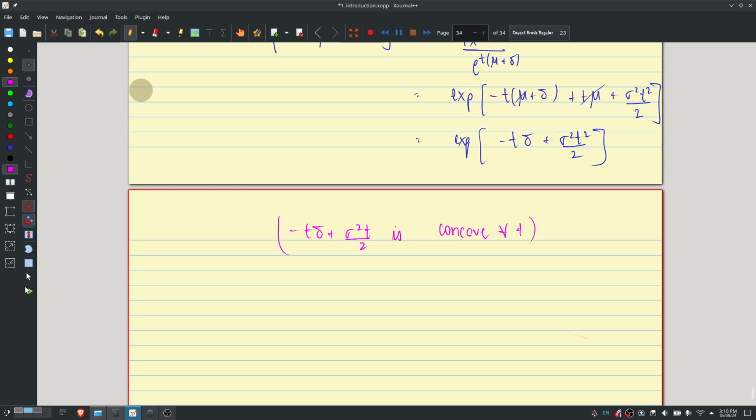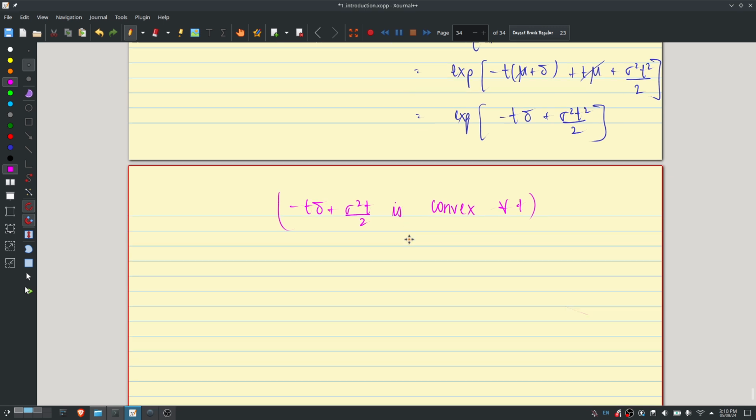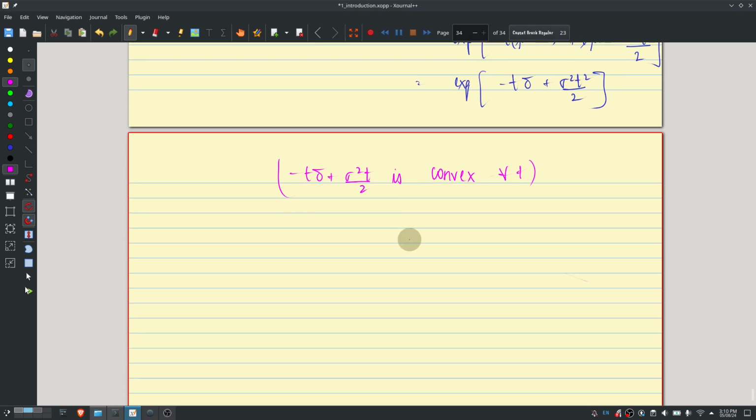So if it's a concave function, then you know that by taking the first derivative and setting that to 0, you get the maximum value. Yeah, sorry, my bad, I'm looking at the wrong thing. So this is convex. E raised to negative of this is concave. Right, so this is convex. So if I take the first derivative and set it equal to 0, then I get the minimum value.